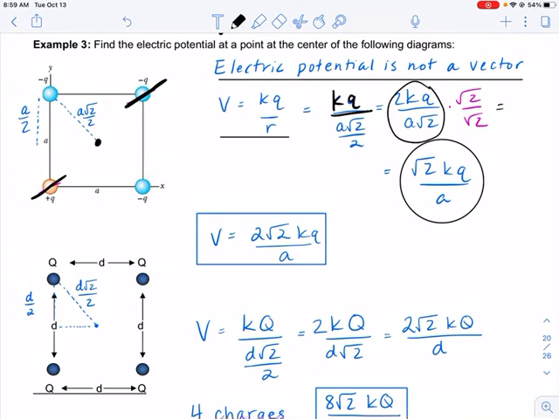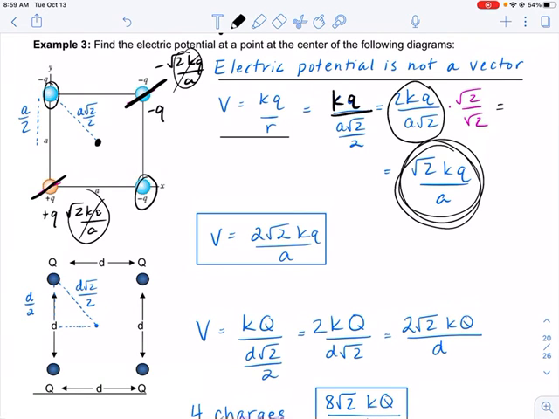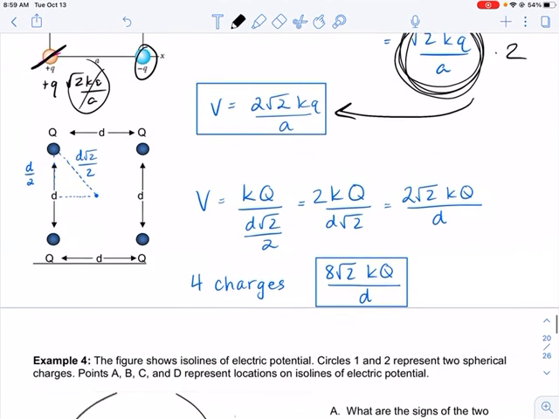The potential from the plus q is positive square root of 2kq over a, and the negative q is negative square root of 2kq over a. Those cancel, and I'm left with the potentials from the other 2 charges, which are the same amount, square root of 2kq over a. So I have 2 of those, which leads me to my answer: 2 times the square root of 2kq over a.